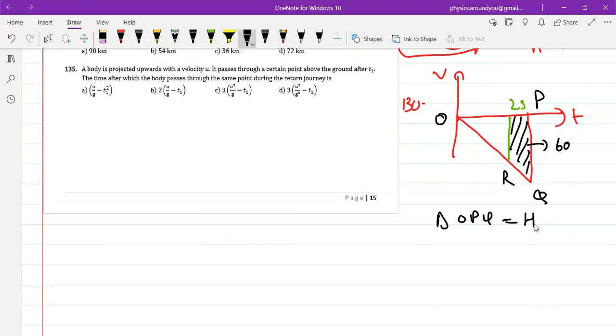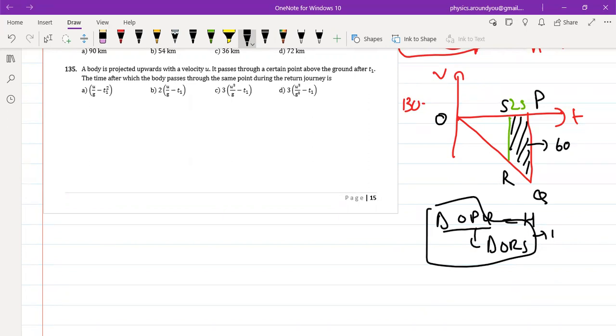Okay. How will I solve this? Using the VT graph, I note that triangle OPQ and triangle ORS, both of them are similar to each other. If they're similar to each other, then the ratio of their areas should be in correspondence with the square of their sides.